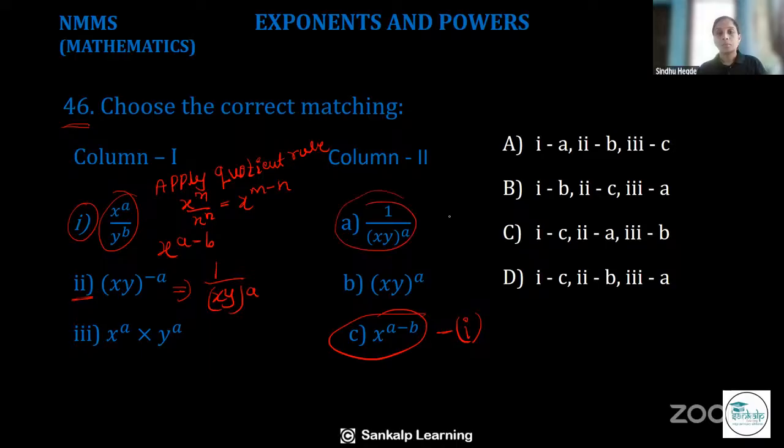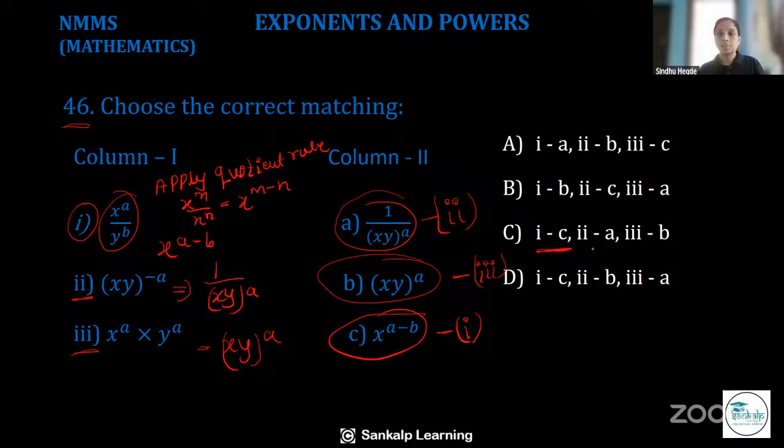In column 2, the second one matches with A. Next, the third one, x raised to a into y raised to a, becomes (x into y) whole raised to a because both contain the same power. Hence B matches with the third one. So first one C, second one A, third one B. So our answer is option C.